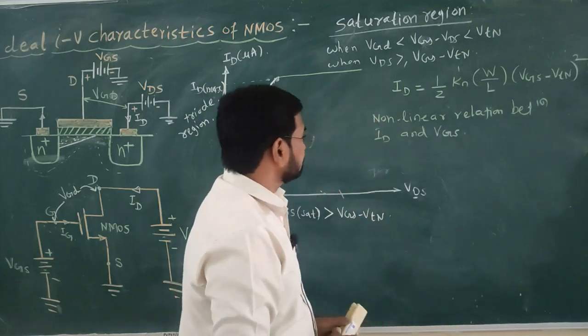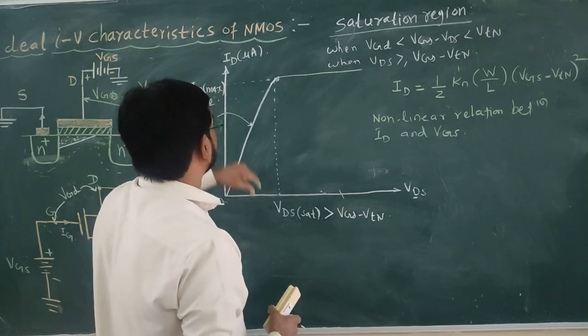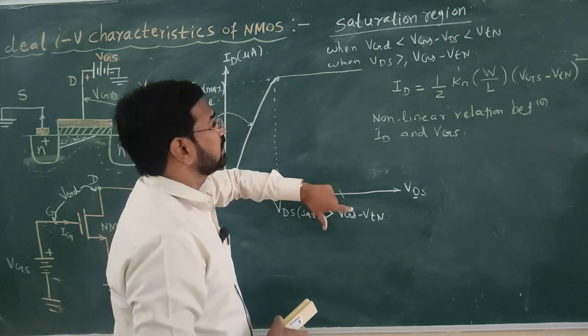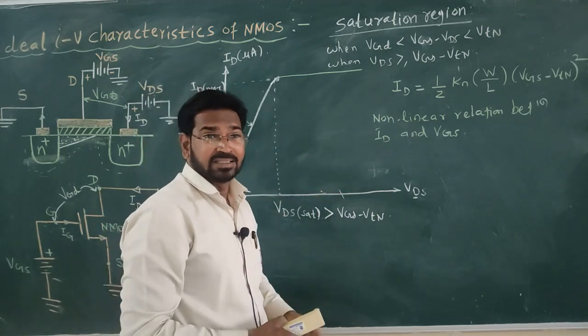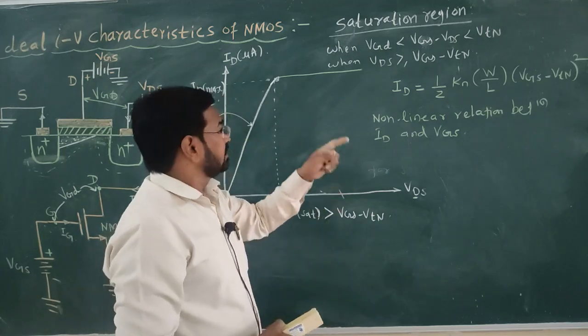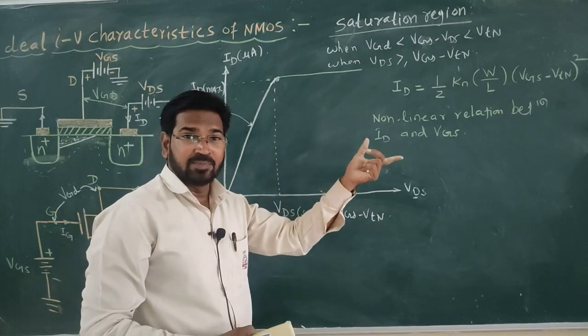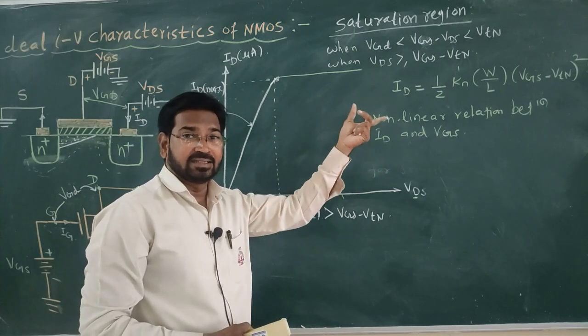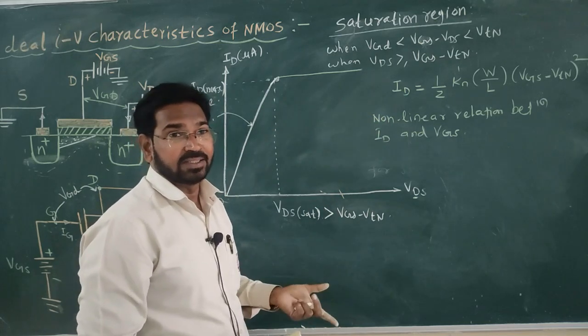Now, the most interesting part here is why the MOS transistor is useful in saturation. If you see the bipolar junction transistor, this region is called the active region. The input current changes and the collector current changes, but it is the active state of the device.